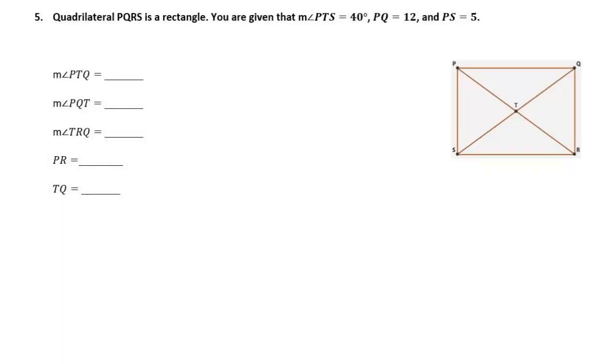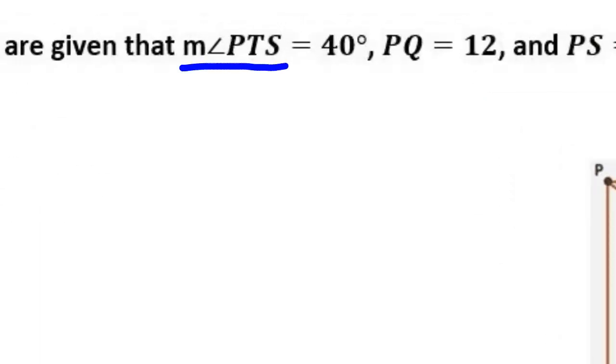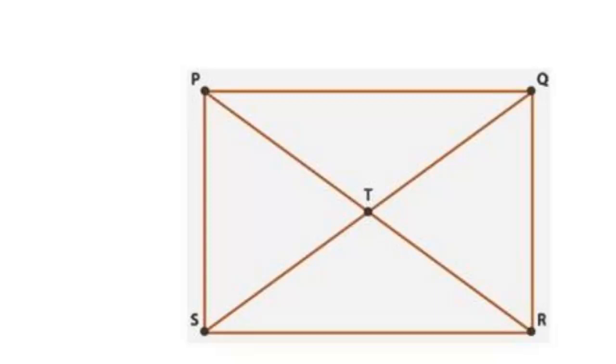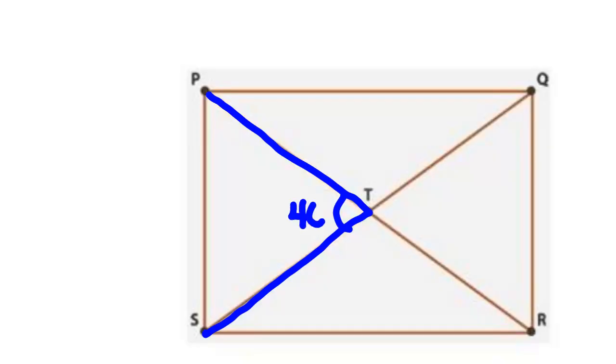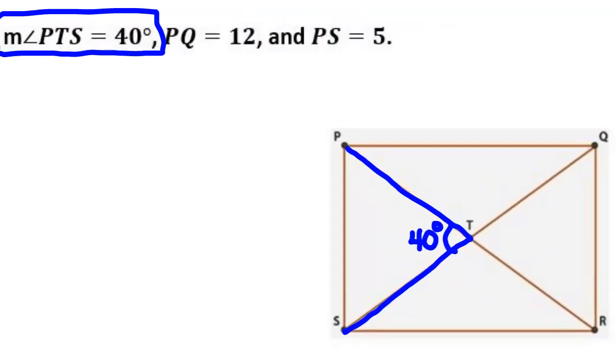Quadrilateral PQRS is a rectangle. You are given that the measure of angle PTS is 40 degrees. Let's add that to the picture. PTS, this angle right here, is 40 degrees. PQ is 12.